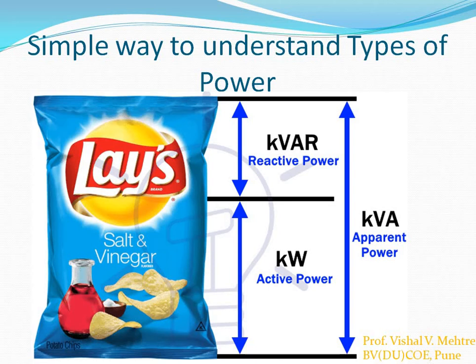The sealed packet, which contains air along with chips, represents the apparent power. The reactive power, that is the gas, preserves the crispiness of the potato chips. Its presence is very important to maintain the crispiness, and that is why it is reactive power. And the actual chips that are going to be consumed are the active power.